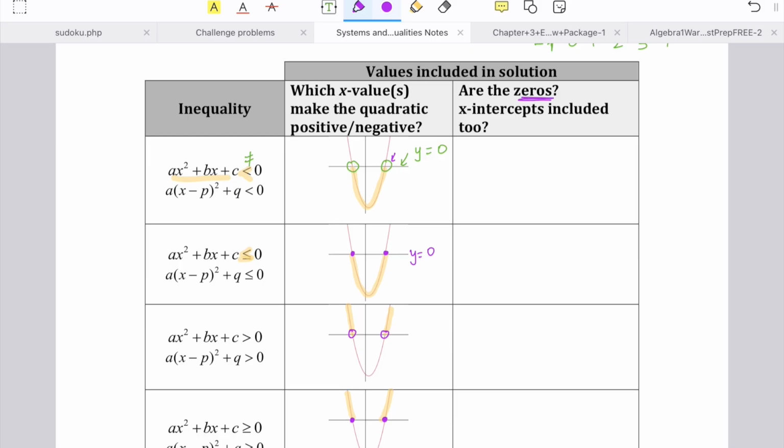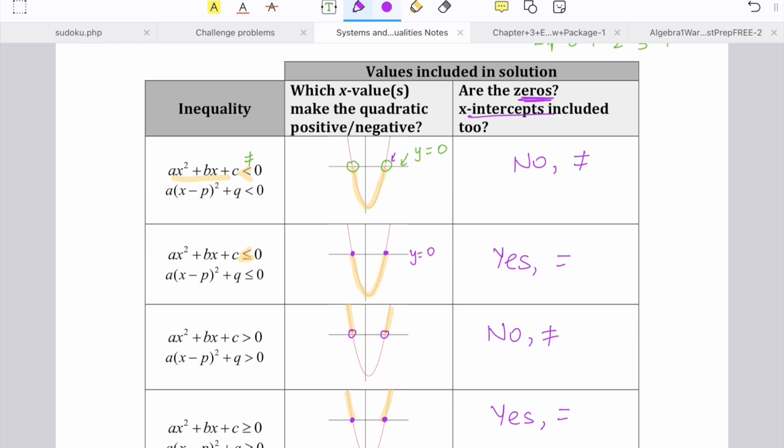Again, remember from quadratic functions, zeros are x-intercepts or solutions. Are they included too? In this case, no, they are not, right? Because they're open circles and it's not equal to. Yes, because there's an equal to sign. No, because the equal to sign doesn't exist. Yes, because there is an equal to sign.